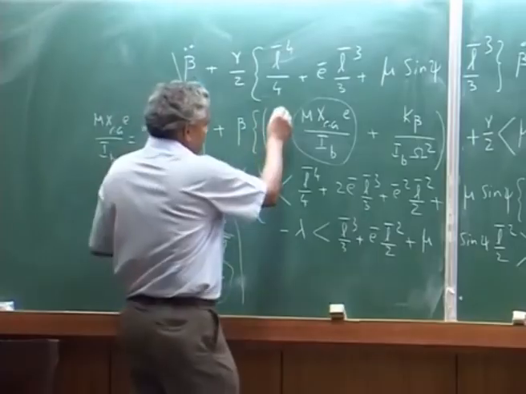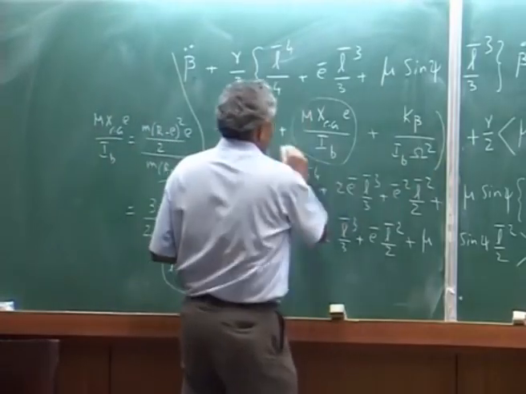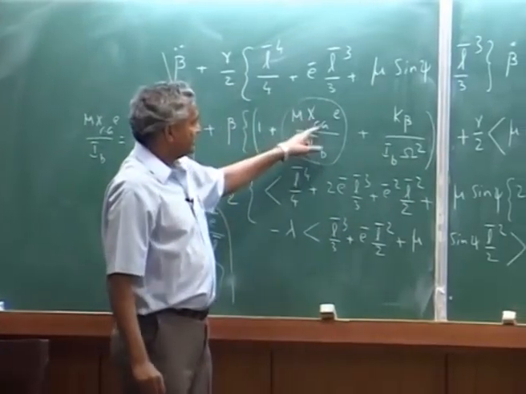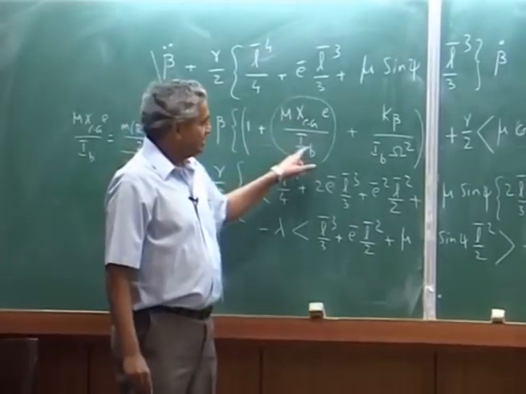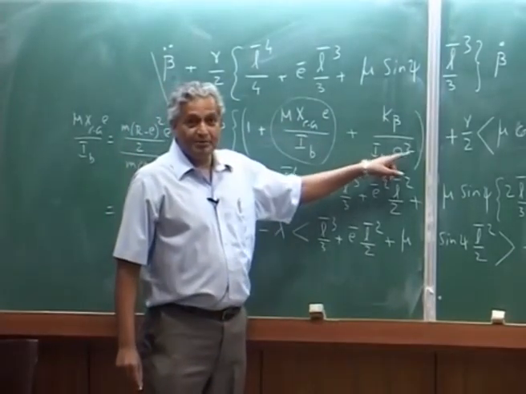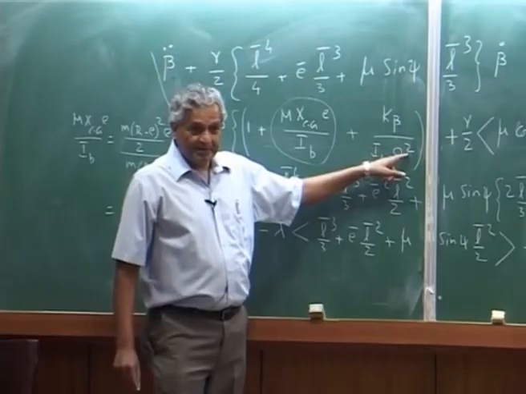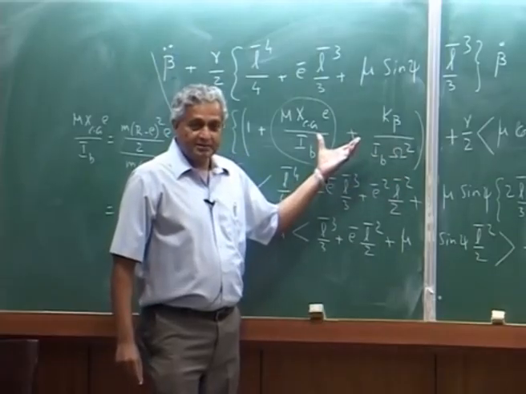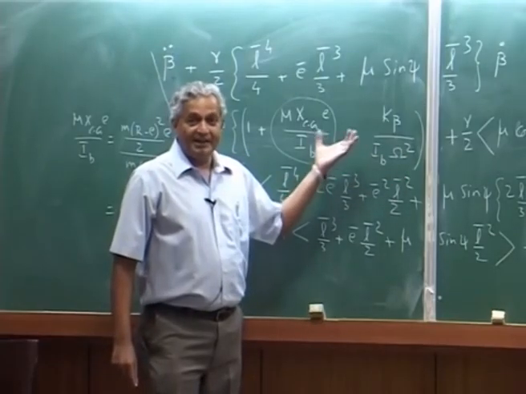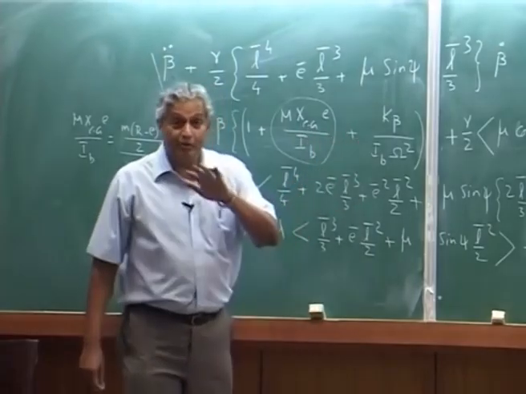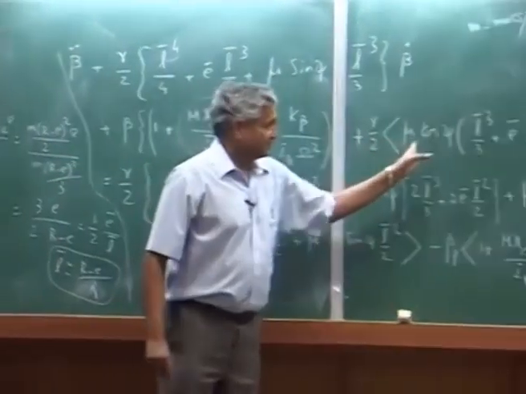So, this particular term, 1 plus m x c g e over I b plus k beta over I b omega square, this is my rotating flap natural frequency in hover, because this is not there.